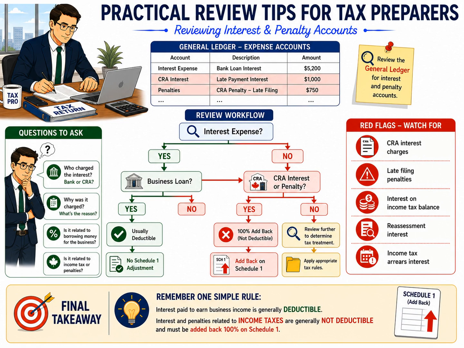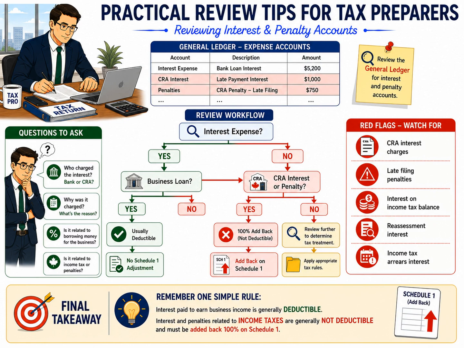A good place to start is the general ledger. Look for accounts with names such as interest expense, CRA interest, tax interest, penalties, or late payment charges. These accounts deserve special attention because not all interest is treated the same for tax purposes.